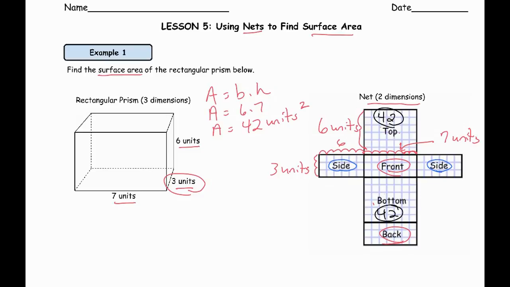The base length is 6, so let's find the area of the side. We're going to use base times height, 6 times 3, and so we know that both of the sides are 18 units. And I'm going to write that in there.